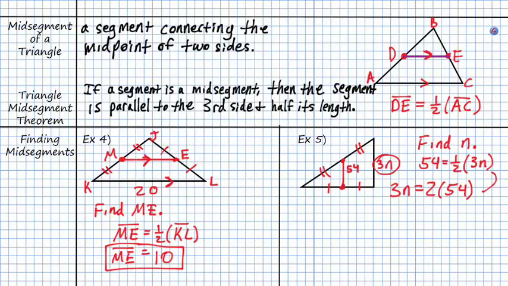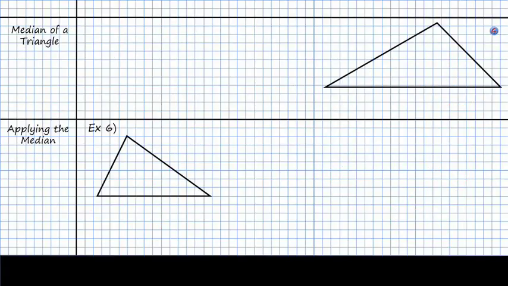And so if we rearrange it, we get to here. And so we say 54 multiplied by 2, that's equal to 108. 3n is 108. And then you have n is equal to 36. So again, pretty simple. It's the identification of the fact and remembering that a midsegment is going to be 1/2 of the third side.